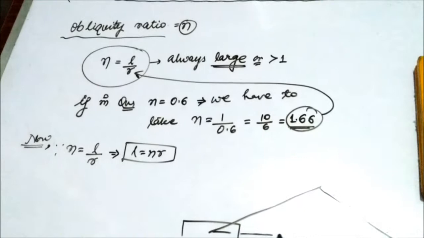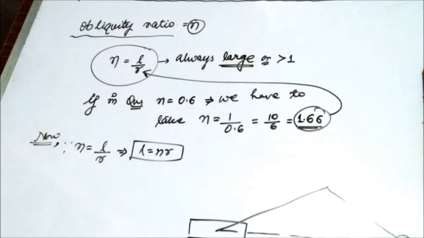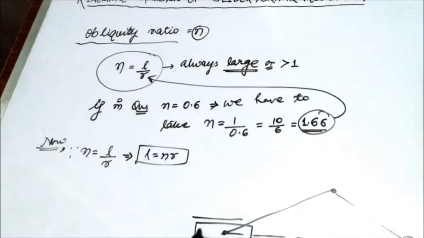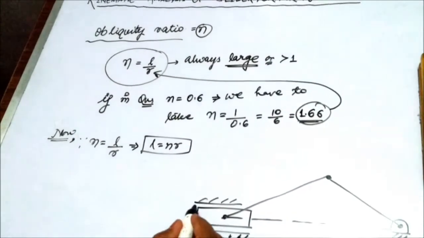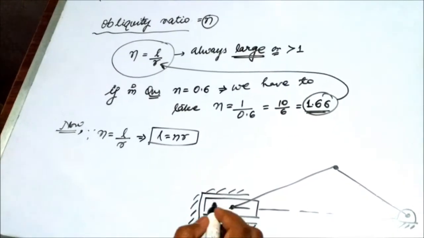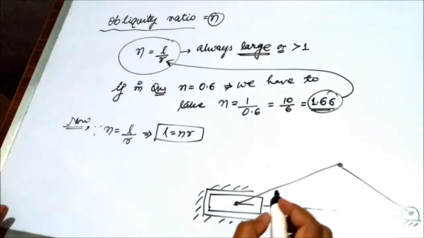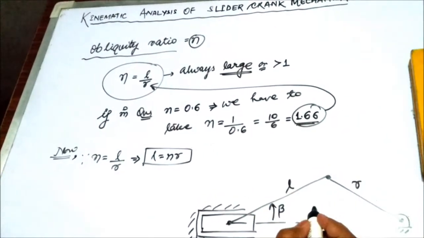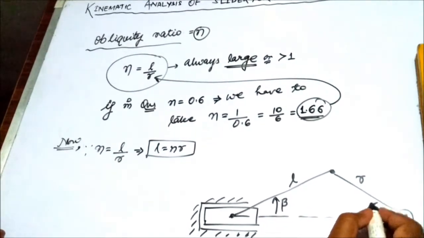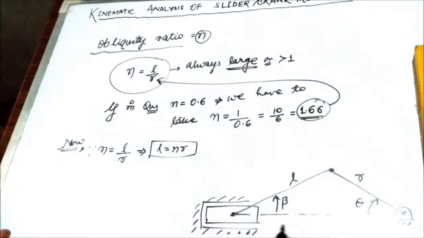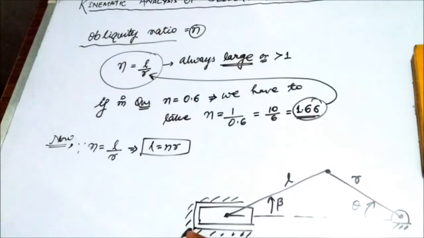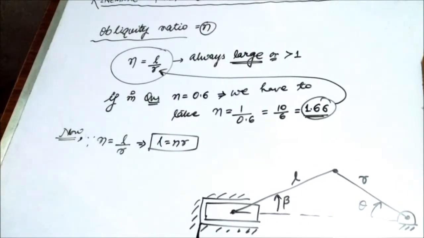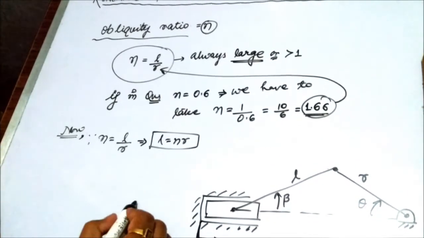Now this is the piston crank arrangement, and this is beta and this is theta. Beta is the angle made by the connecting rod, and theta is the angle made by the crank with the inner or top dead center.